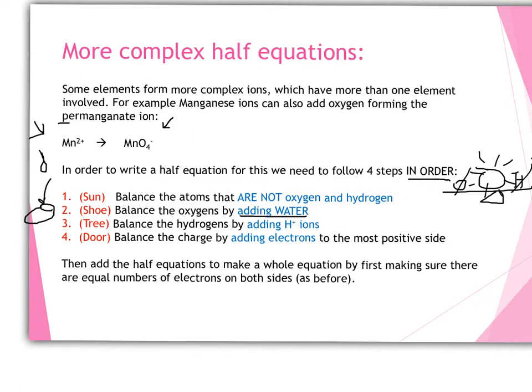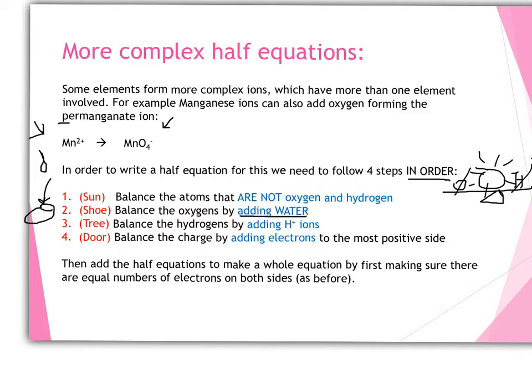So you see a shoe filling up with water. Okay, so you can do that in your mind, picture a shoe and see it filling up with water. That should make that second step stick. So as soon as you see a shoe, you're going to know you're talking about step 2 and that you're adding water in this step.